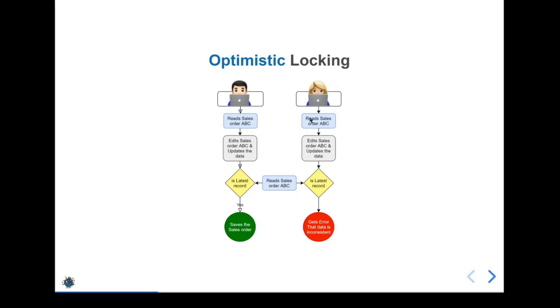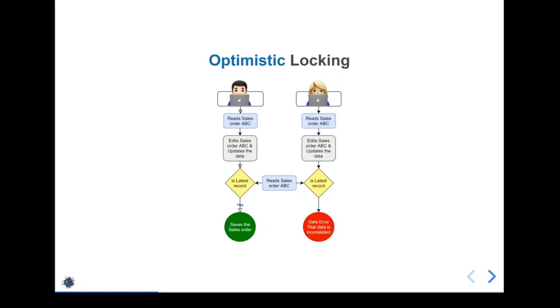If you see, the sales order she read is an old sales order. In the database, when this guy updated the sales order, our database also got updated with the latest sales order, and this lady is working on the old sales order. So there is a mismatch and the error will come. So this is basically the optimistic locking concept.